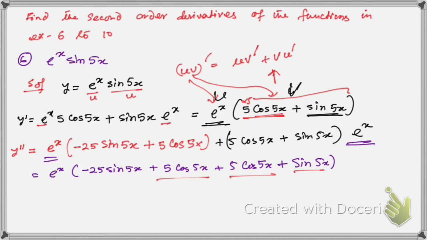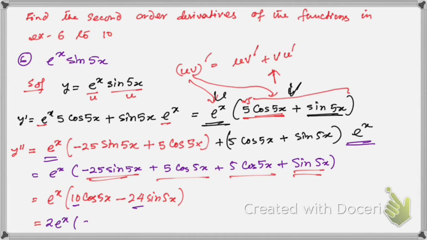So now 5 cos 5x, 10 cos 5x, and sine 5x minus 25 sine 5x, it's going to be minus 24 sine 5x. So our result is going to be e to the power x times 10 cos 5x minus 24 sine 5x. We can take 2 common from these two terms, so we will get this result. So this is our answer.